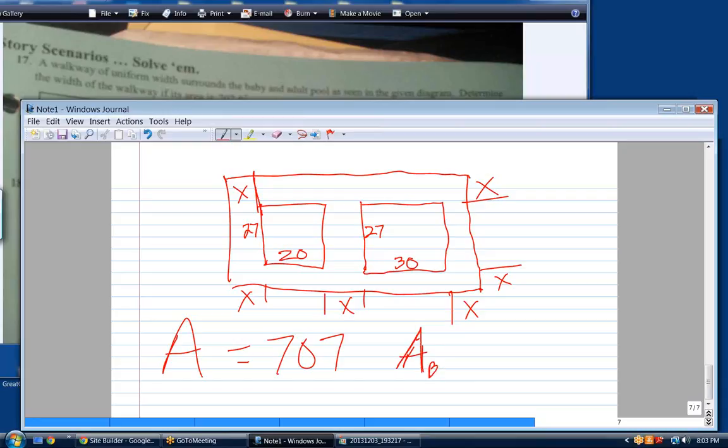So the area of the big rectangle minus the area of the big swimming pool minus the area of the baby swimming pool. So what's the big rectangle? What's the length?